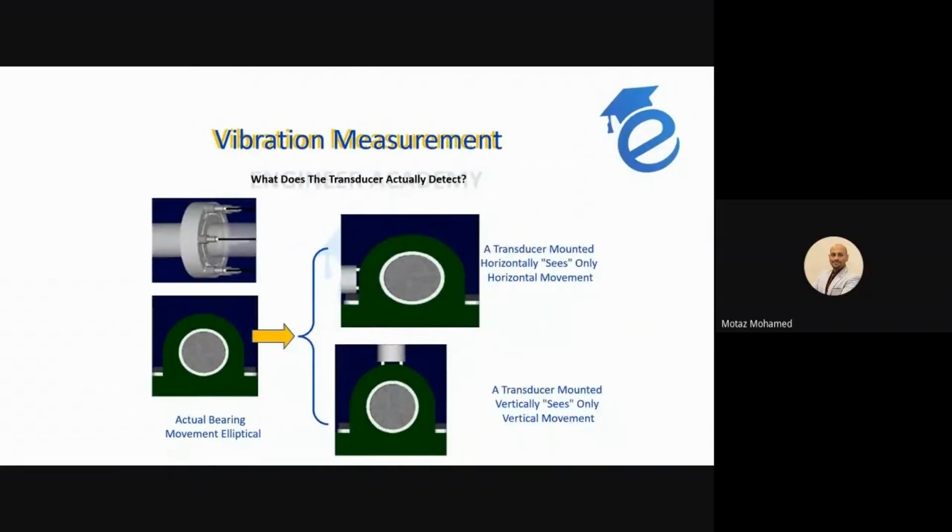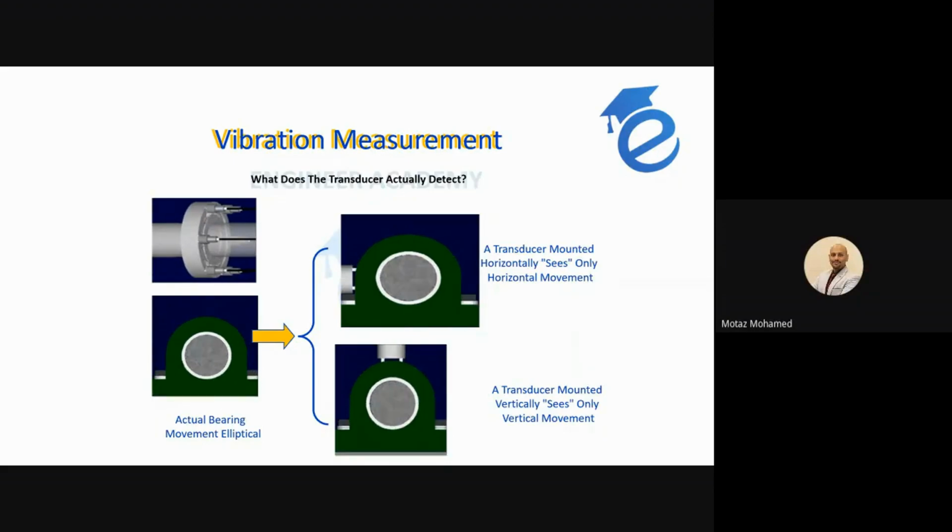Direction of measurement, of course, is very important, especially when you have specific defects like misalignment and unbalance. You can even detect these kinds of failures mainly by direction and, of course, by analysis. Direction is a very useful tool in analysis also.